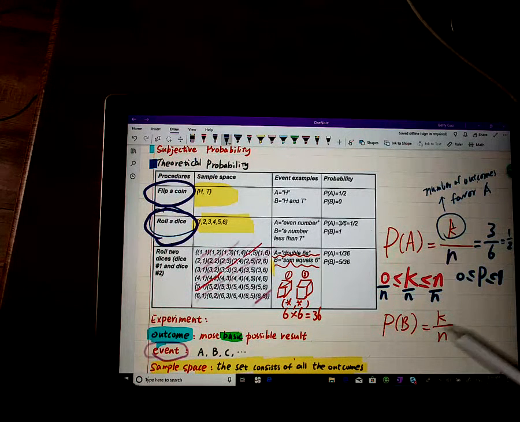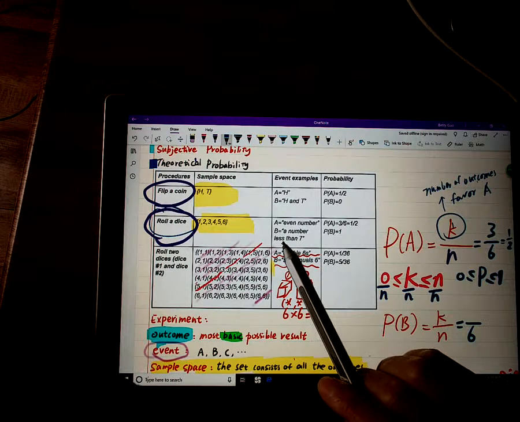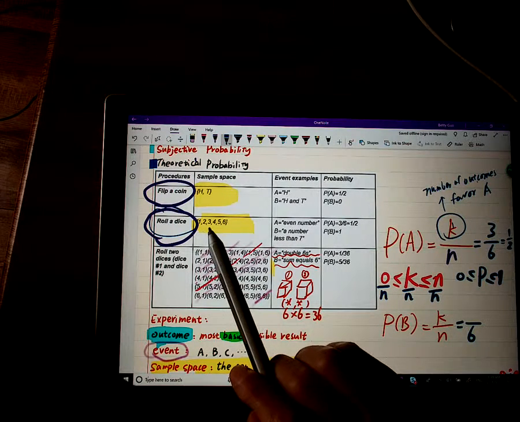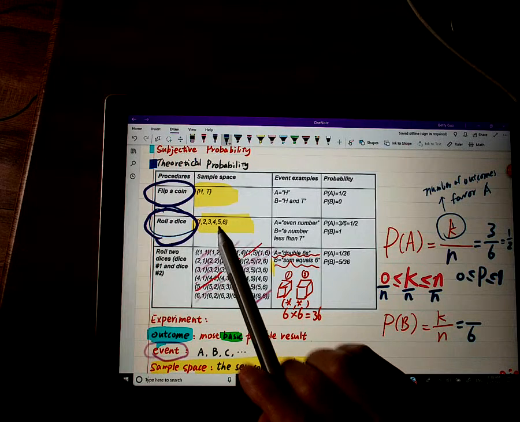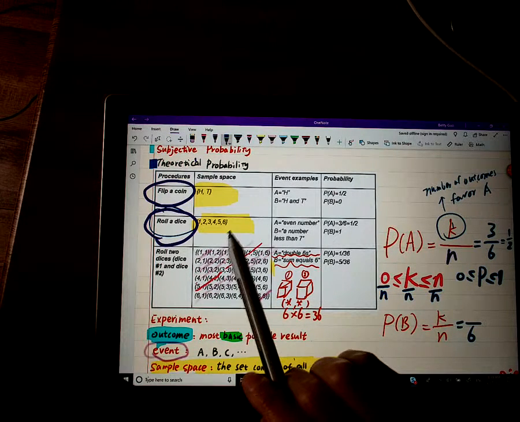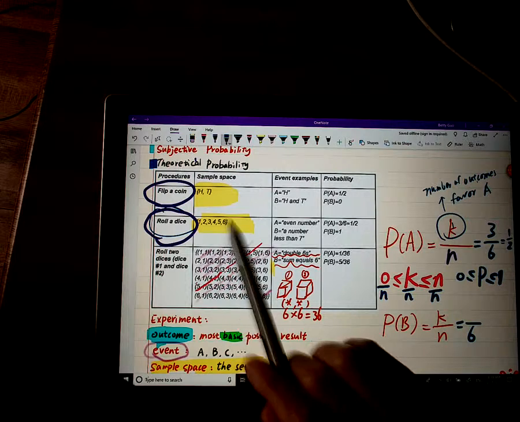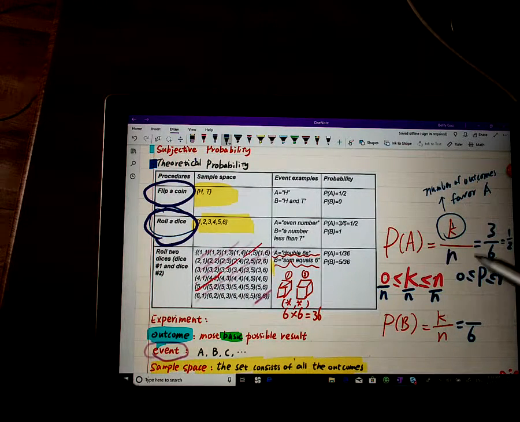Probability of B, by the definition, we have K over N. N is 6 again. B, you roll a die, you get a number less than 7. Among the 6 outcomes, how many of them are less than 7? If you get a 1, that's less than 7, right? You get a 2, also less than 7. 3, 4, 5, 6. All those numbers are less than 7. So all 6 outcomes favor the result of B. So numerator is 6 as well.